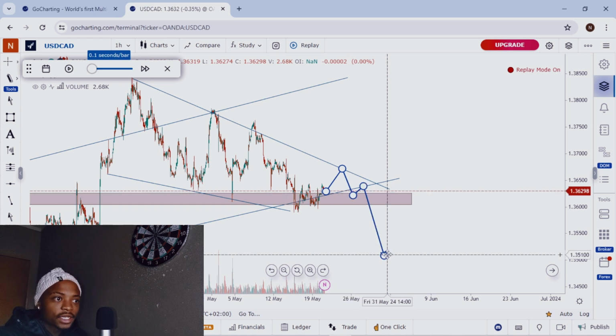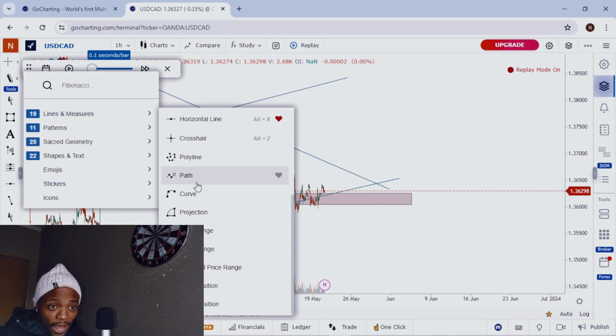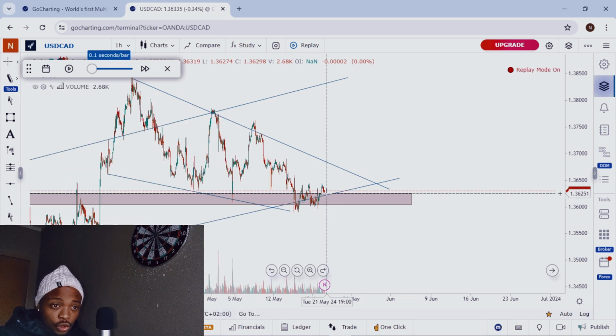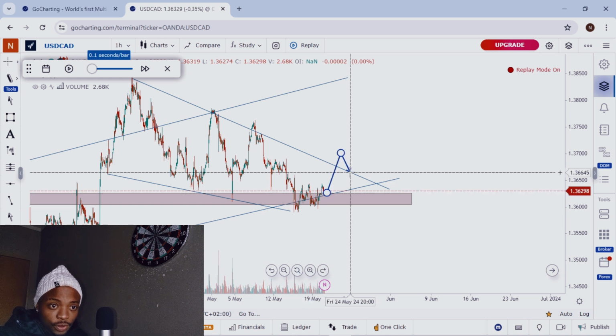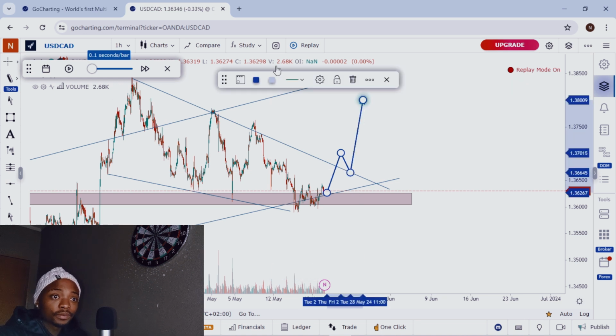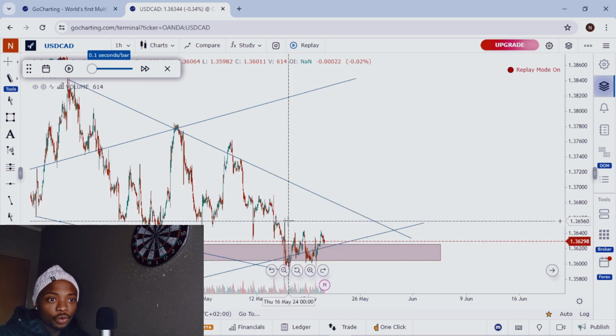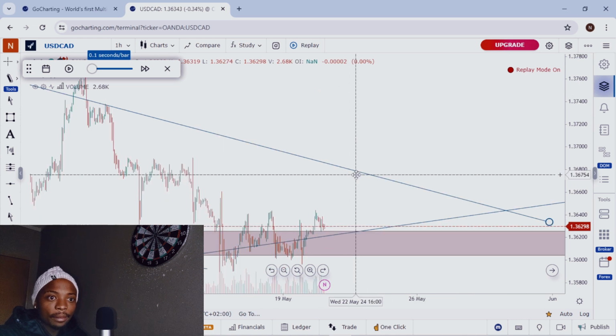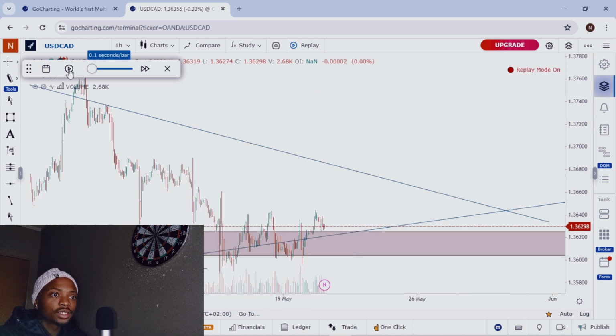So if you want to actually be 100% sure that price is gonna buy, what you should do ideally is wait for price to break above and then wait for it to retest, and then that's when you enter, and then you know for sure that price is actually buying. So now we know we have to enter buy positions, right? So what do we have to do? We have to wait for that breakout above this trend line. So let's see what happens.